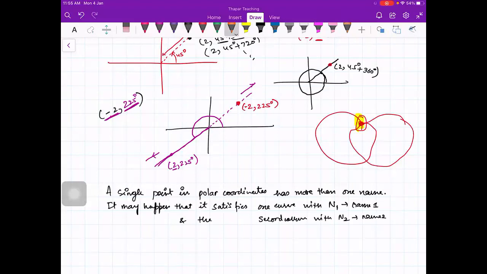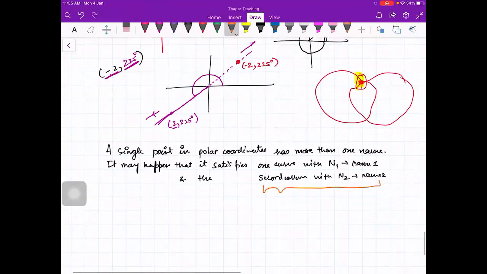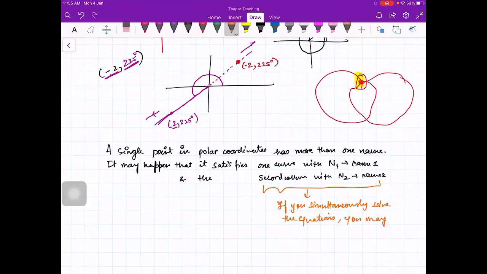So if you simultaneously solve the equations, sometimes you will get it, but you may not always get all the points of intersection.